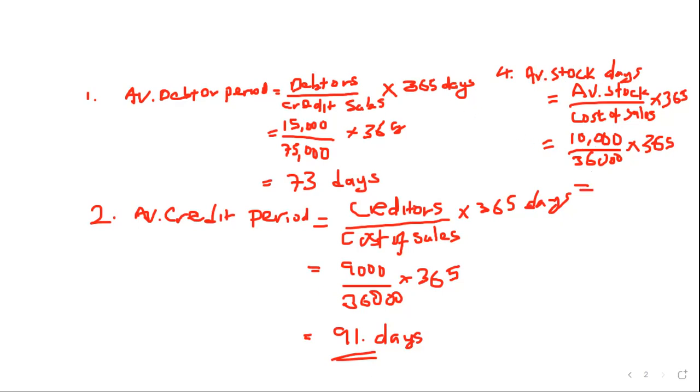So the answer will be, okay, 10 divided by 36 times 365. So the days that we find is 101 days.